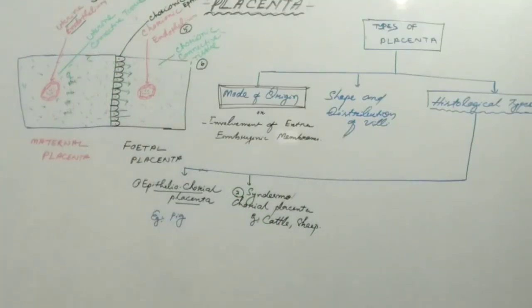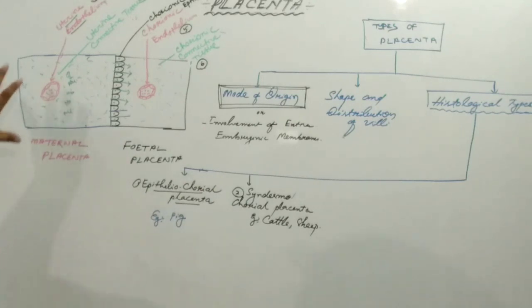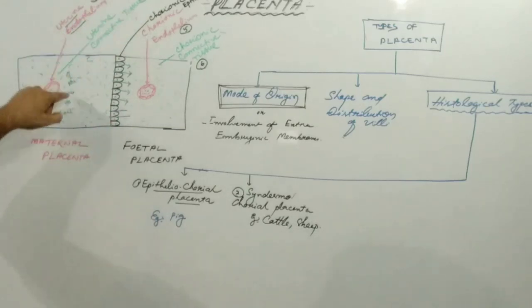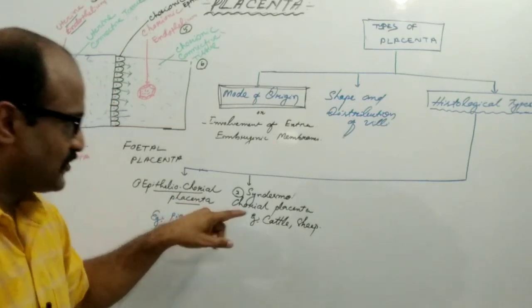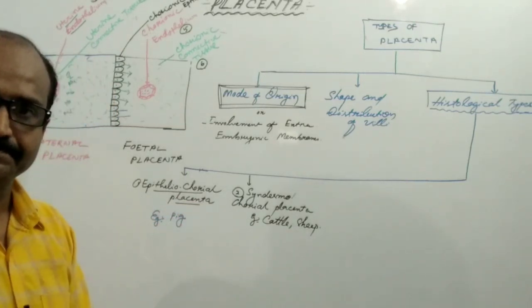In case of syndesmochorial placenta, there is breakdown of the endometrial epithelium. That's why the blood of the mother directly comes in contact with the chorionic epithelium, and this type of placenta is found in cattle and sheep.